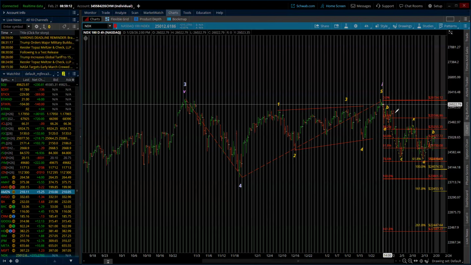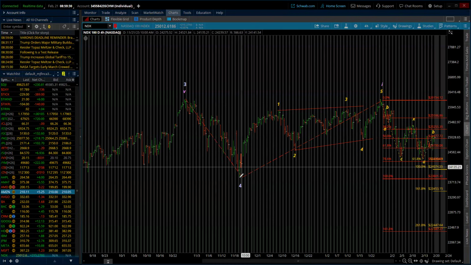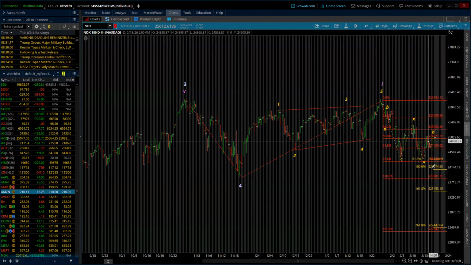Okay? So that's kind of the thing. If this is A, B, the C wave can come down to here and still break 24 or hold up 24 right there. What it can't do is break there. So what's that tell you? It can't hit this 100%. It's got to come in higher.